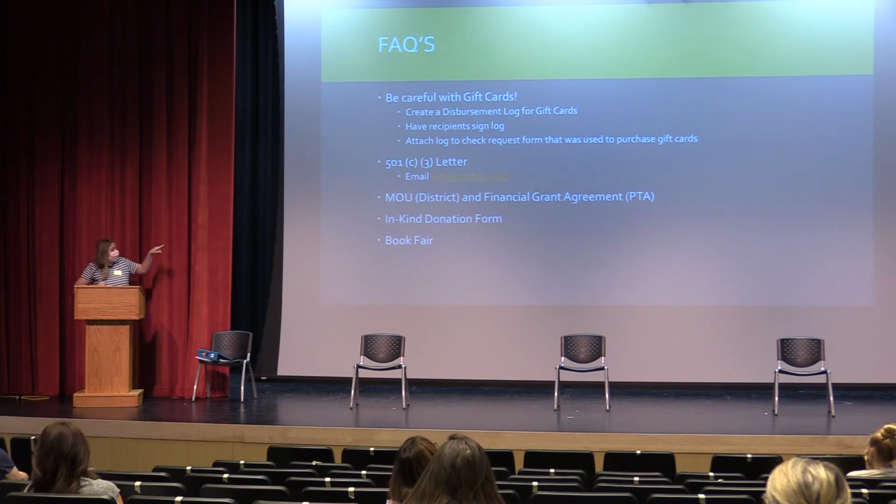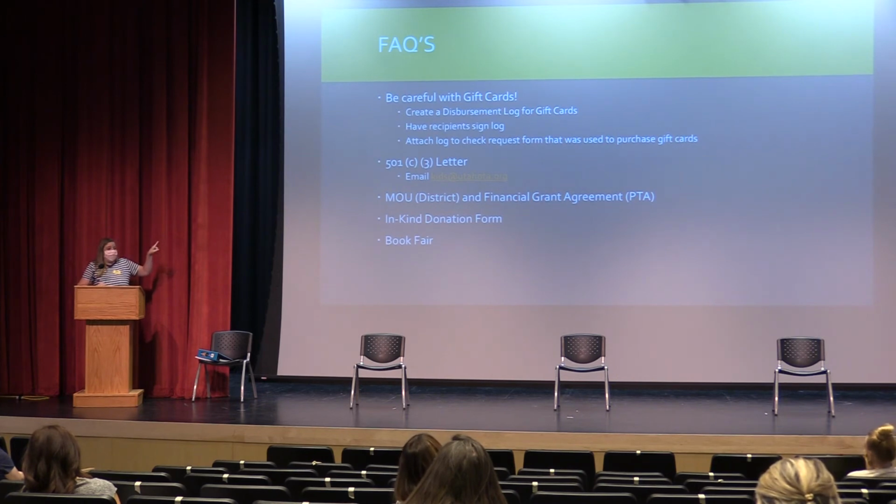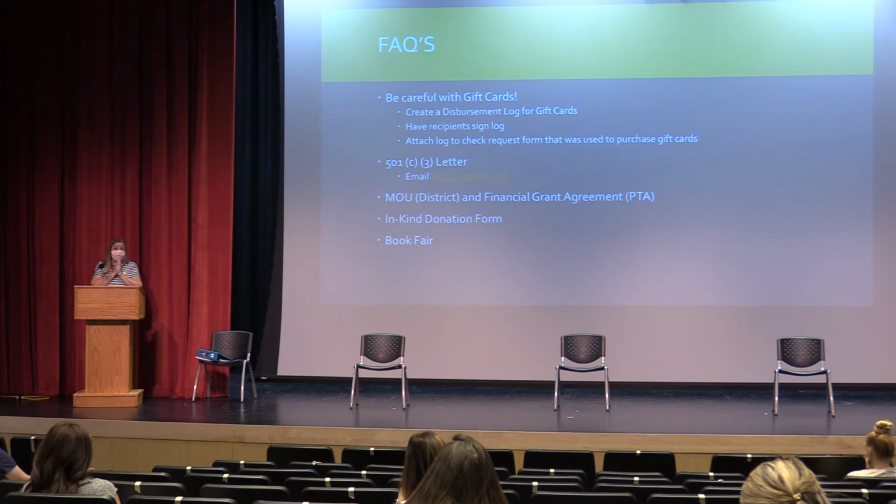Okay, the MOU form and the financial grant agreement. So a lot of you were here for the president's part. The MOU form is a form that you need to fill out if you are doing a joint fundraiser with your school.